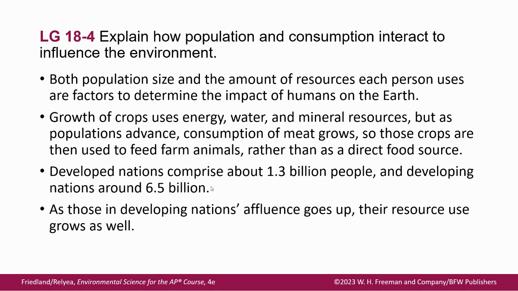Developed nations comprise about 1.3 billion, and developing nations are around 6.5 billion. And in developed nations, affluence goes up and the resources grow as well. This is pretty interesting.